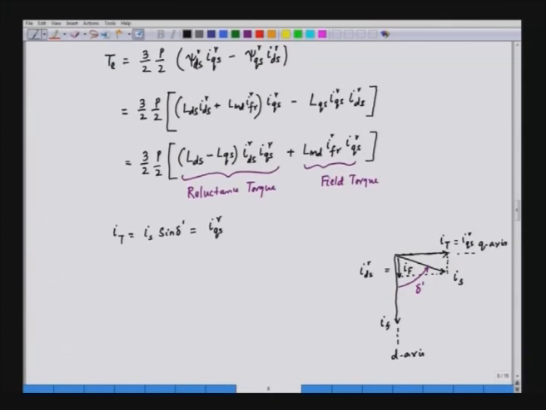So, very clearly It is equal to Iqs, that is equal to Is into sine delta prime, and If is equal to Is into cos delta prime. This is the angle delta prime, and the component of Is along the d axis is Ids.